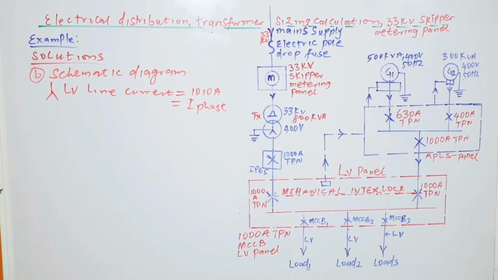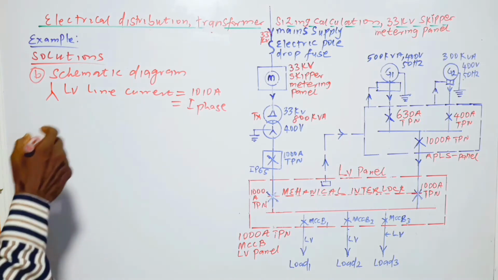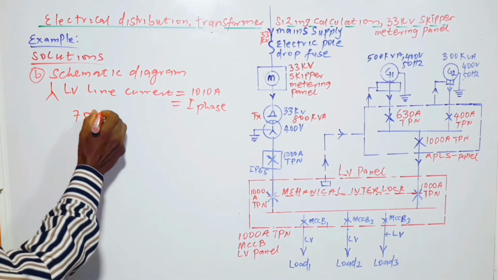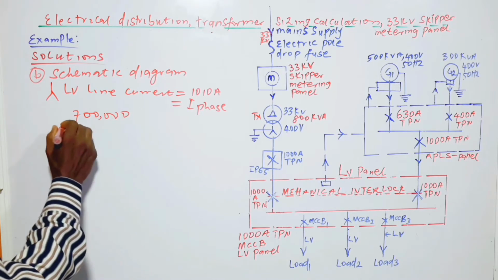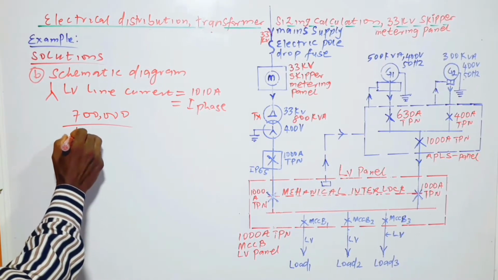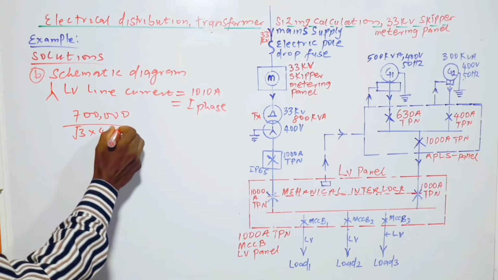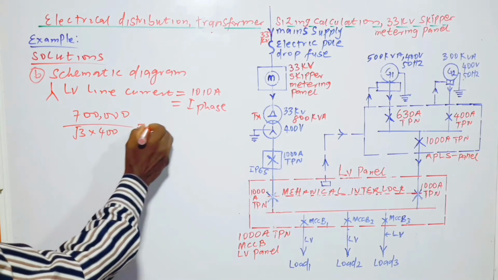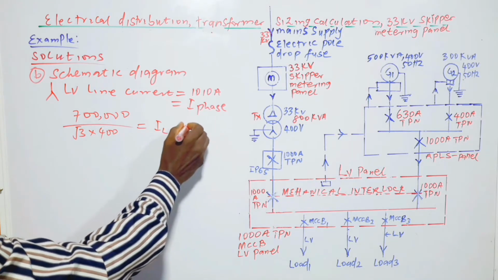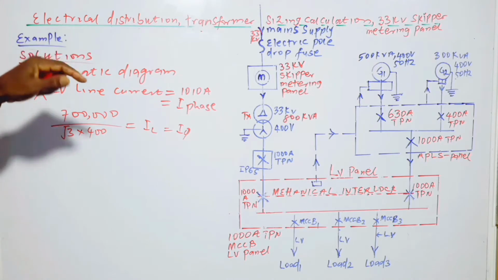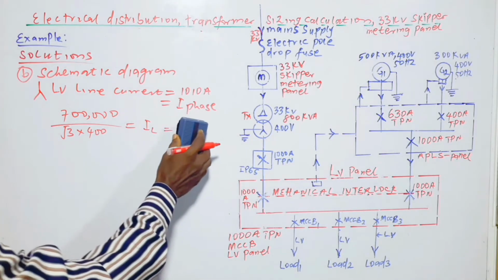Because from 700,000, we divide it by root 3 times 400, and that is the current I line, which is equal to I phase. The answer is 1010.